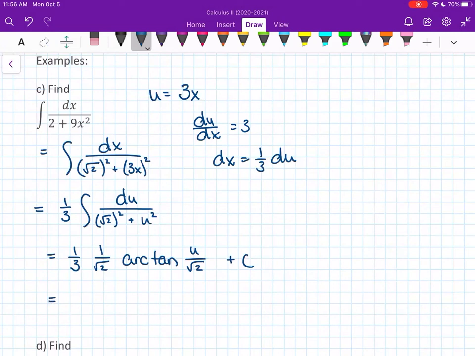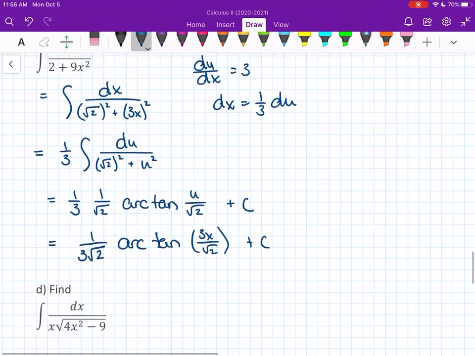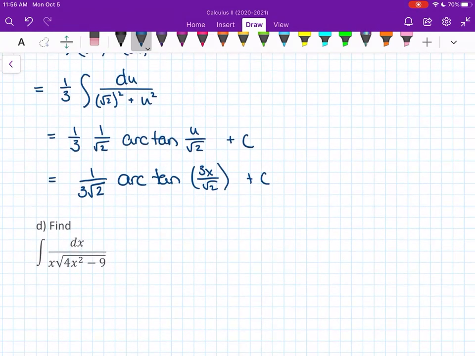And then I'm just going to go ahead and substitute back in my value for u. So I have 1 over 3 root 2, and then arctangent of 3x divided by the square root of 2, plus c. Great. Our next example, find the integral of dx over x times the square root of 4x squared minus 9.